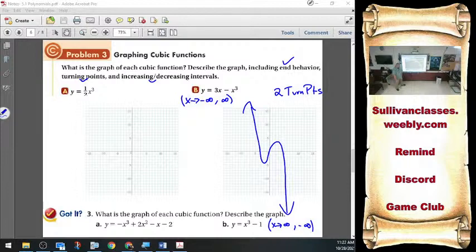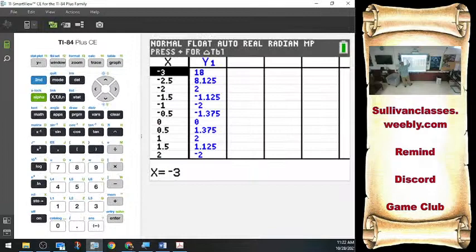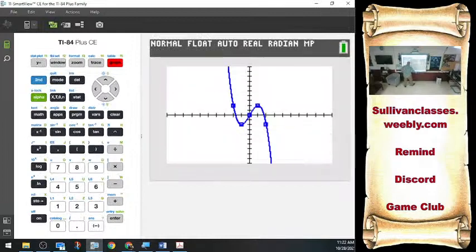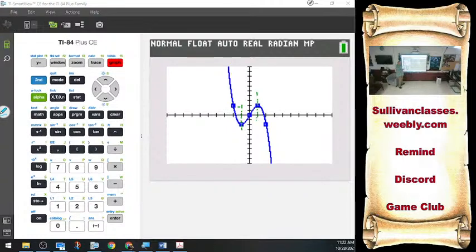Increasing and decreasing intervals are trickier. This was at x is -1, right? This was at x is +1. When I say increase and decrease, I'm talking about as I travel from left to right across the x-axis, is the graph headed up or down? As I come at it in this direction, aren't I headed down?